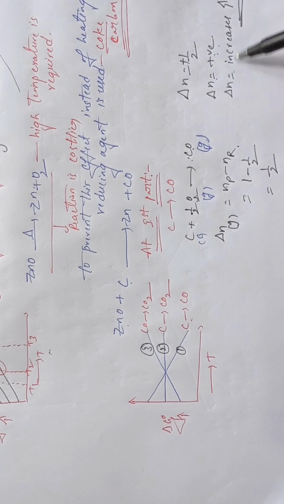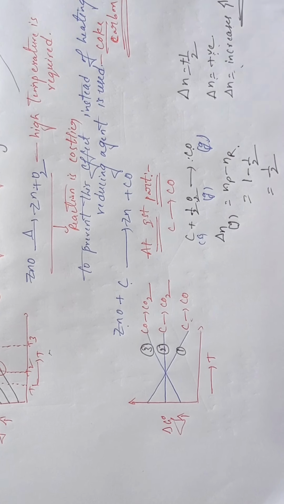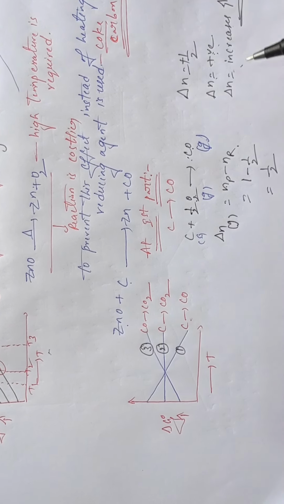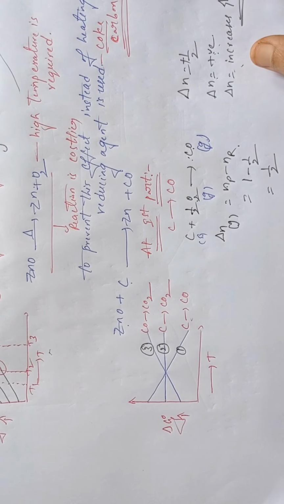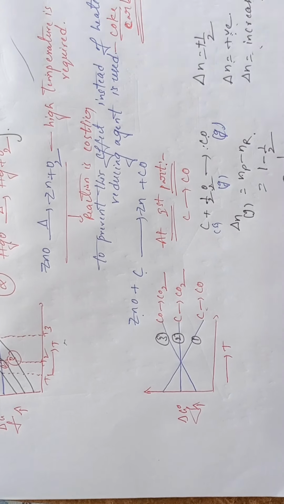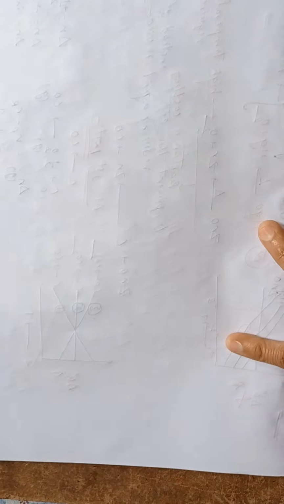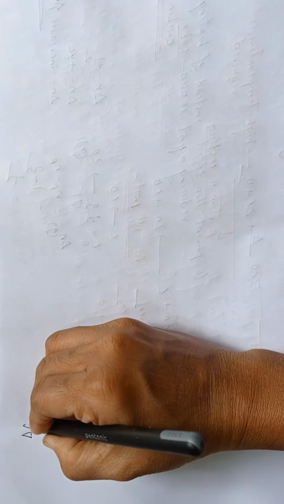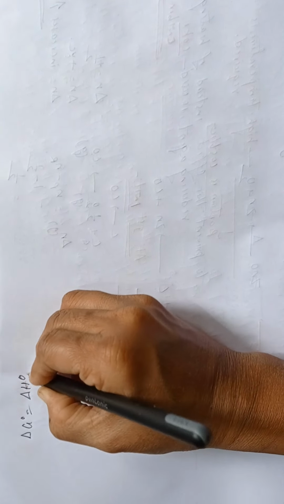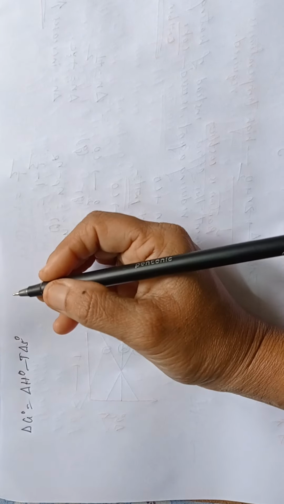It is positive now, so that's why it increases. Now I'm taking the thermodynamic relation, students. Delta G naught is equal to delta H naught minus T into delta S naught.